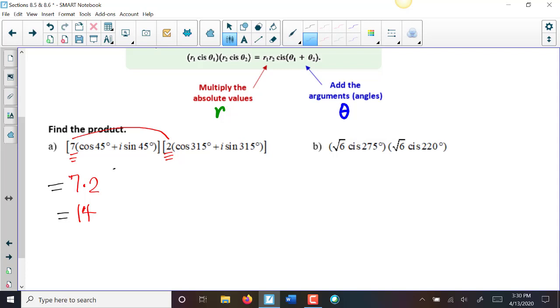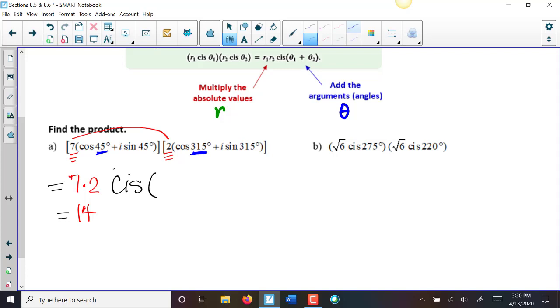Then I'm going to add their angles, and I'm going to go ahead and use compact form. So in my first complex number, the angle is 45. We can see it's the same. My second, it is 315.